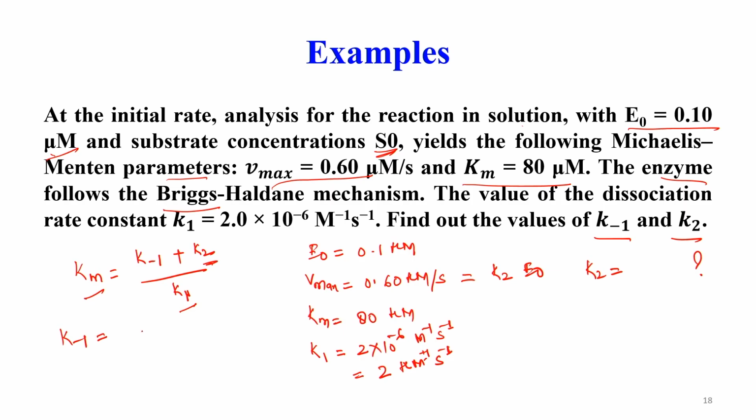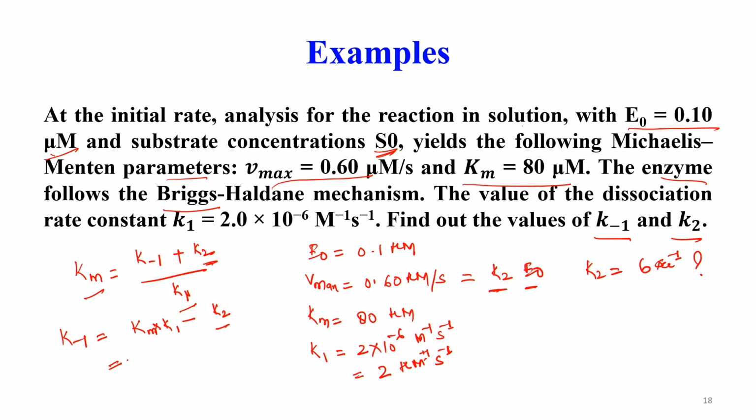So, K minus 1 will be Km into K1 minus K2. Now, from here we can find the value of K2: 0.6 divided by 0.1, so K2 will be 6 second inverse. Now, I can put the value of K2 over here.